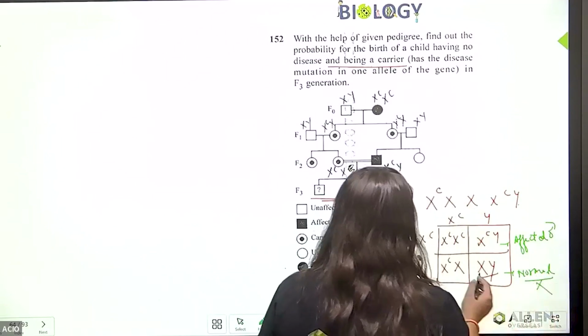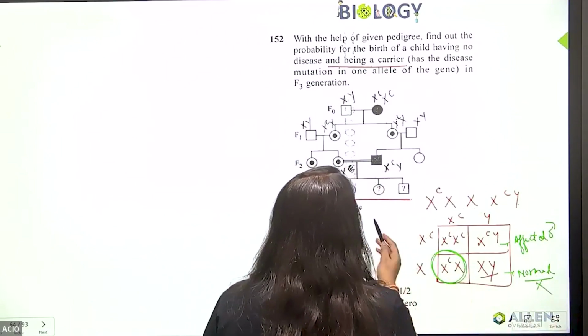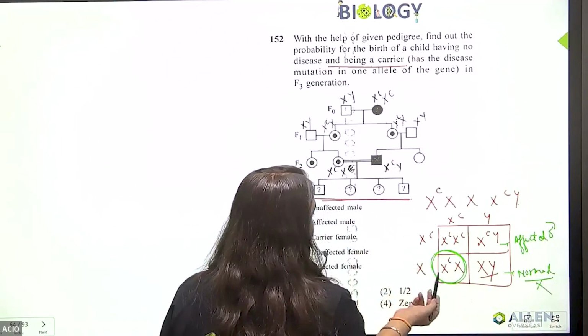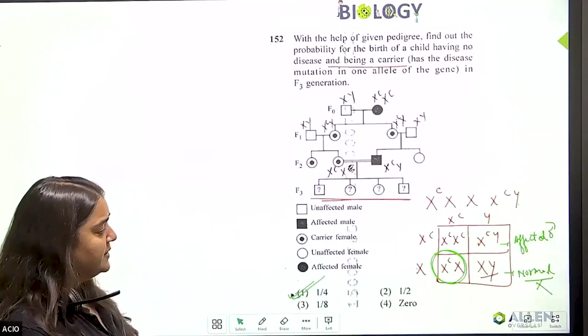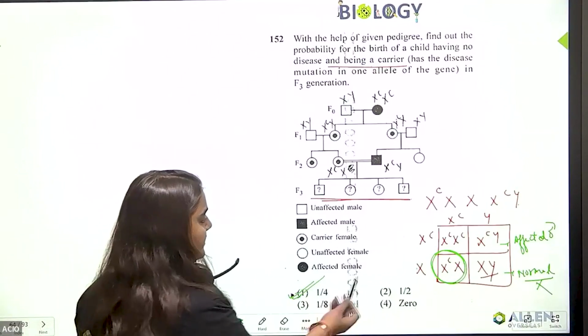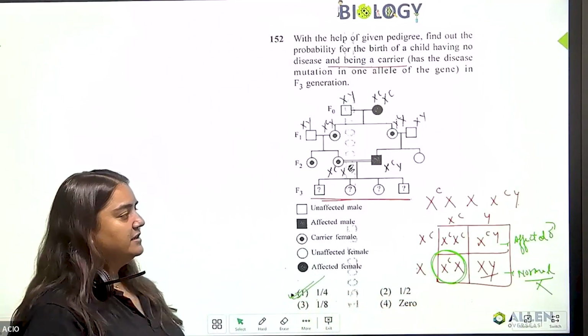We have to talk about carrier, which is only one possible. Out of the four, one female is completely colorblind. So 1/4 is the answer. Four offspring are possible, and the carrier will be only one, that is 1/4. So the pedigree is very simple.